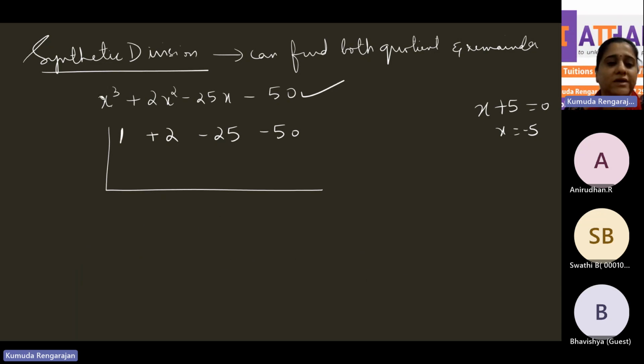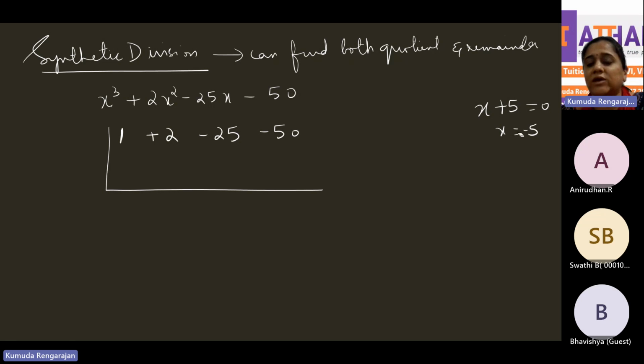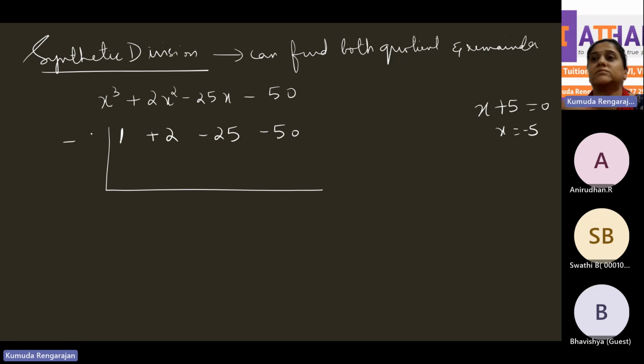So the coefficients are 1, plus 2, minus 25, minus 50. All right. Now what's the value of x we got? Minus 5. Minus 5. Yeah.